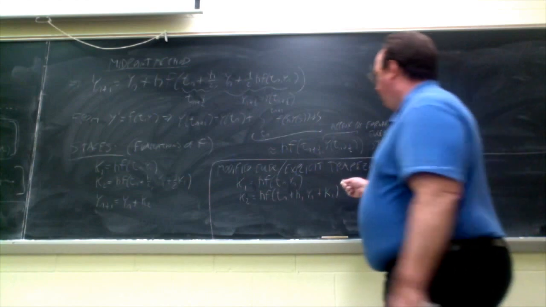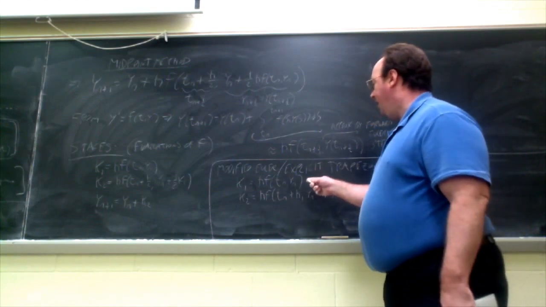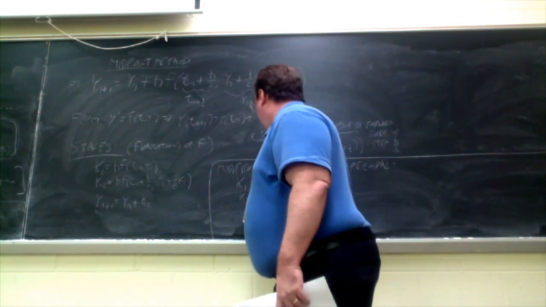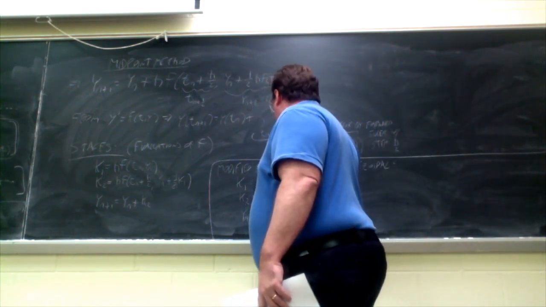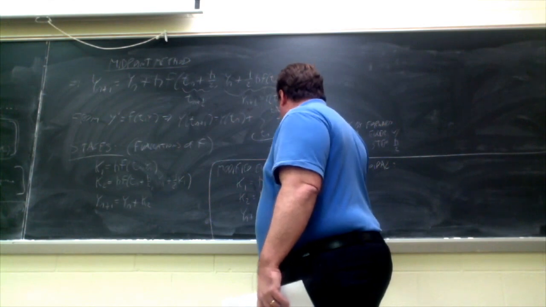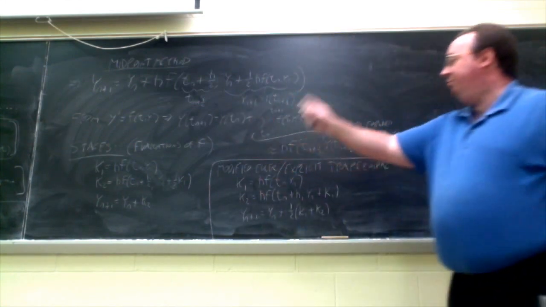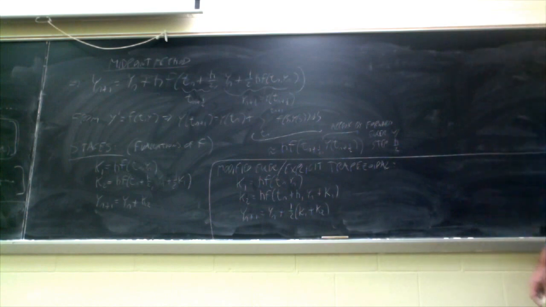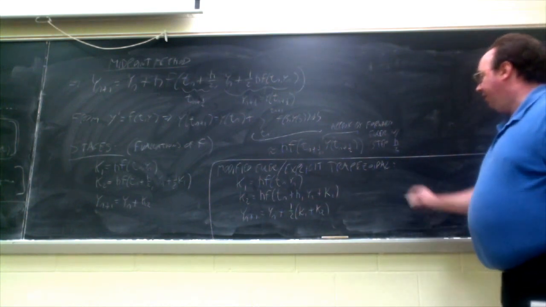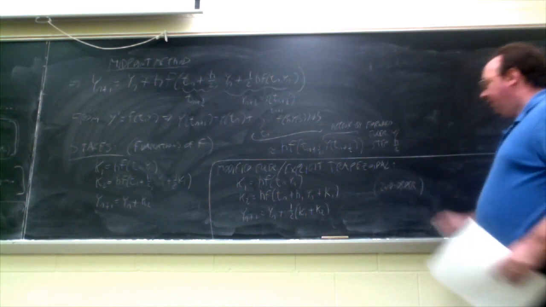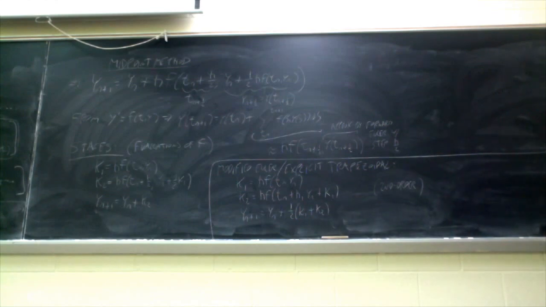So here we're using f at tn, here at tn plus 1 basically. Then yn plus 1 is equal to yn plus, instead of just using K2, I use 1/2 K1 plus K2. So here we have a method based on the midpoint rule. This one's like the trapezoidal rule. And both of these are second order.